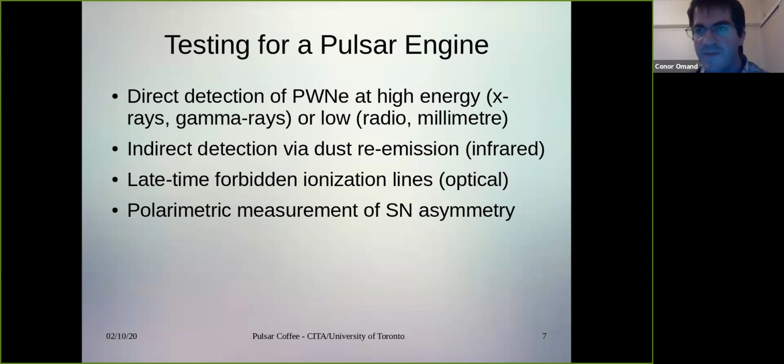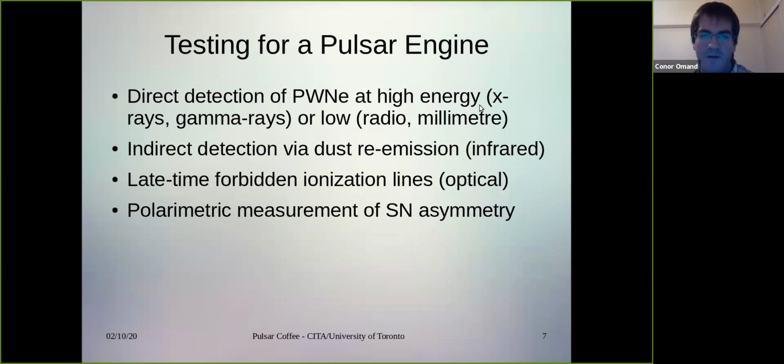And this we expect to be in the infrared. And then you can maybe see some interesting forbidden ionization lines in the optical, as well as some interesting polarization signals if your engine significantly distorts the supernova geometry. So if it's not spherical, you can probe that with polarization.